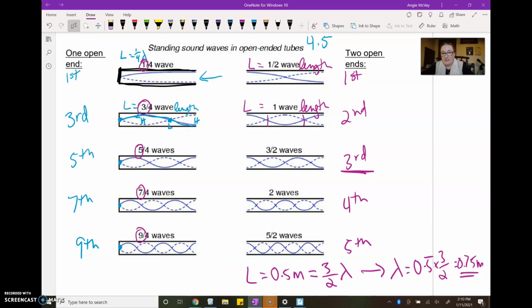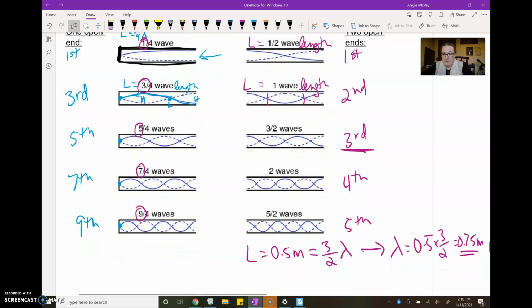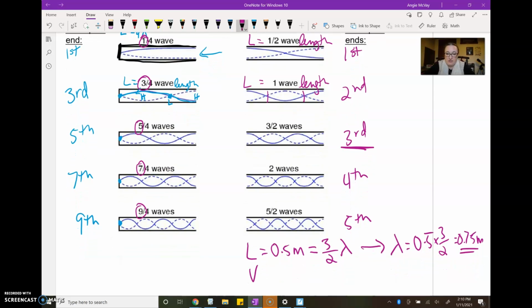If this is happening in air, then the speed of sound in air is 334 meters per second. Remembering off the top of my head, like 330 or something like that. The speed of sound in air is 334 meters per second.